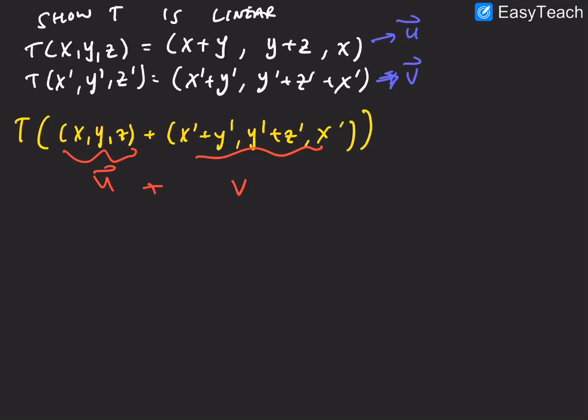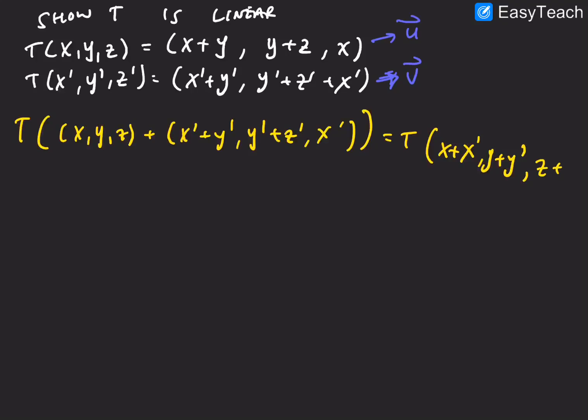So we're just trying to prove that, just to be clear. So that's going to equal T of (x plus x prime, y plus y prime, and z plus z prime). Okay. I'm sorry, I went a little ahead of myself.